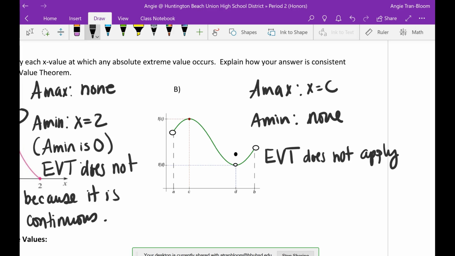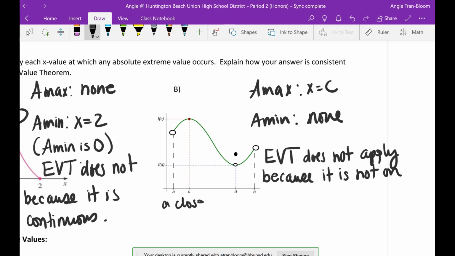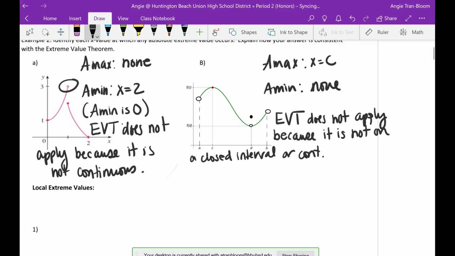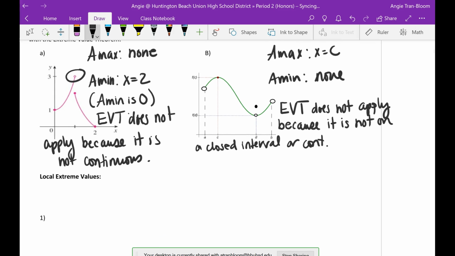Or continuous. It violates all of it. So that's why there's no guarantee. You can still have them at times, but just not a guarantee.